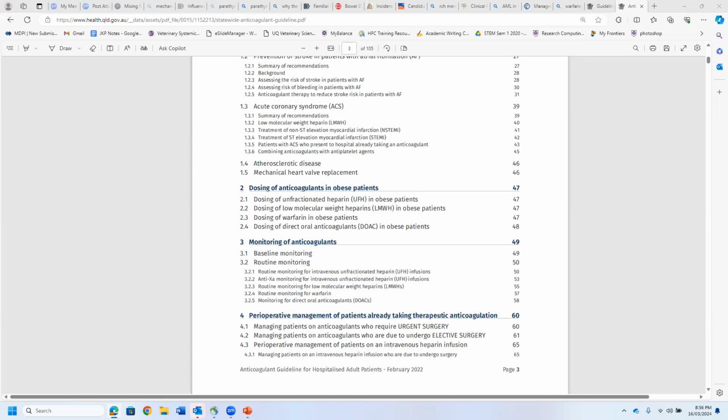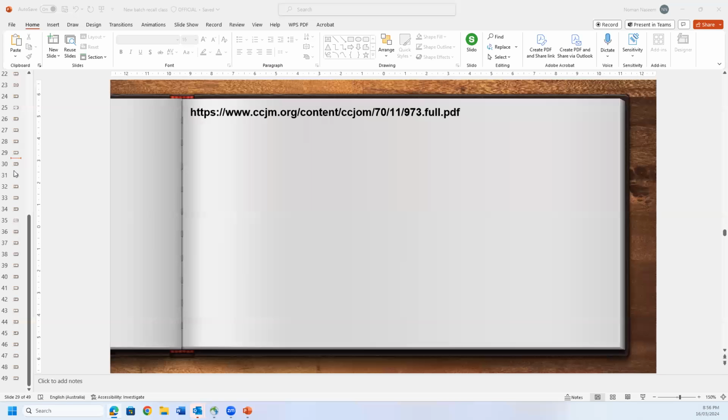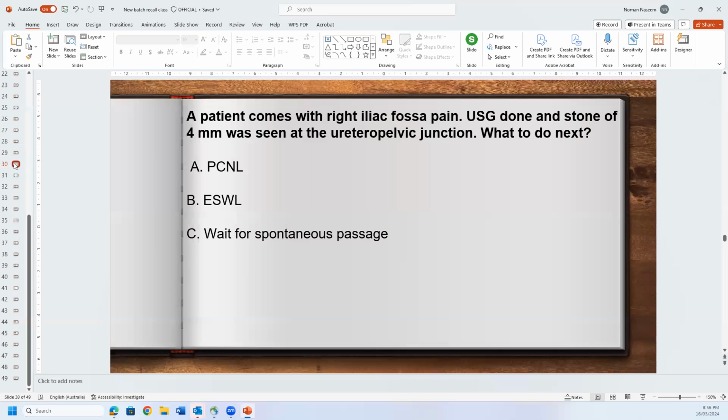It will come up with two, community and hospital. Go through both of them. Okay, guys? Fine. It's a very long book. It's a complete book. So go through it one by one.